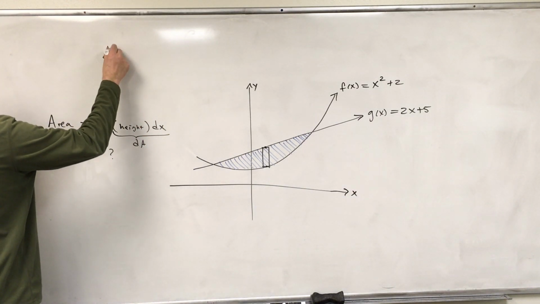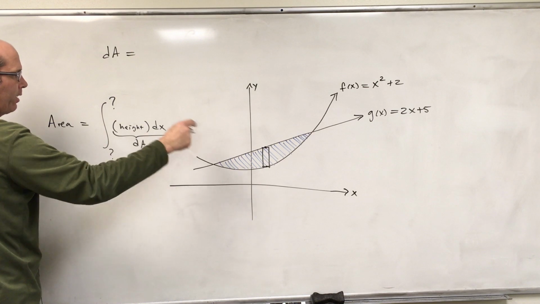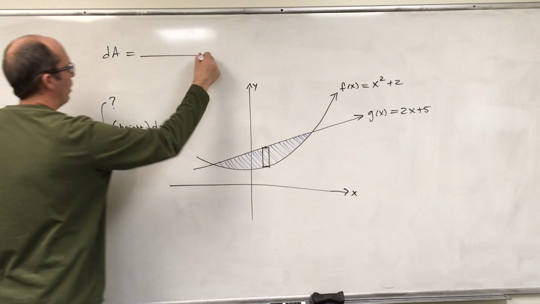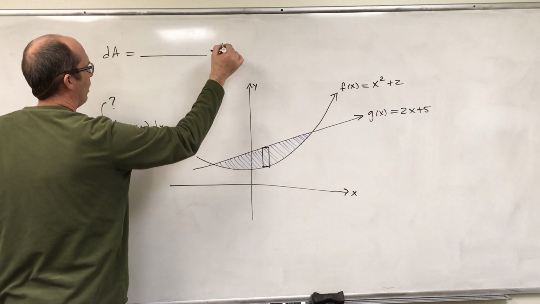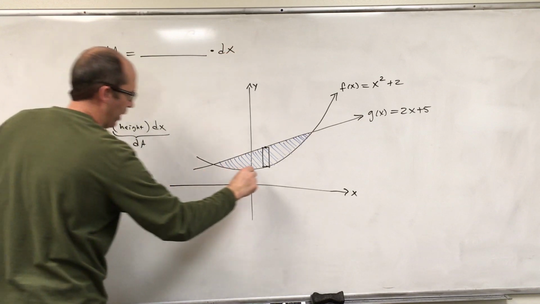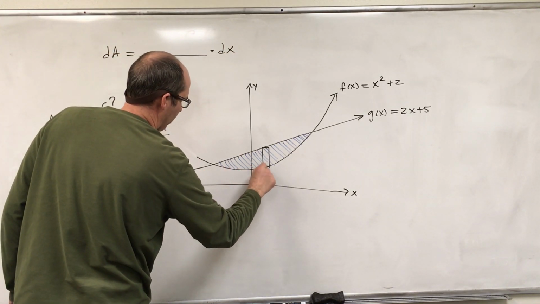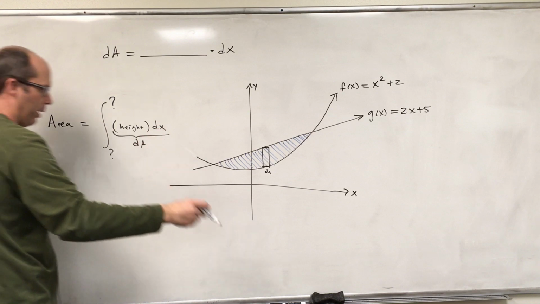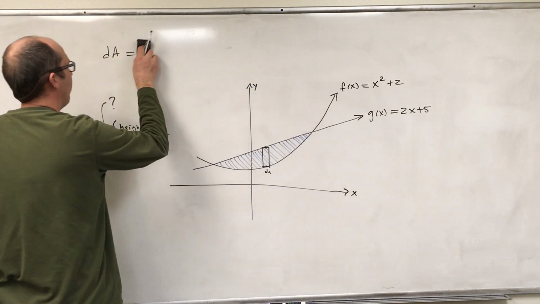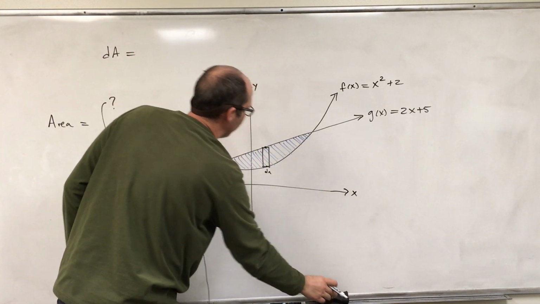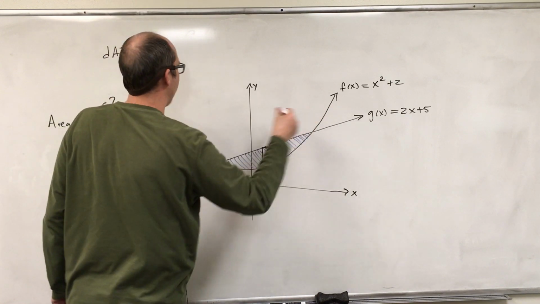All right, so dA is the height of the rectangle, which we're going to fill in, times the width, dx. Remember, dx is that little width there. Okay, so how high do we go up there? We take the topmost function, which in this case is g of x.